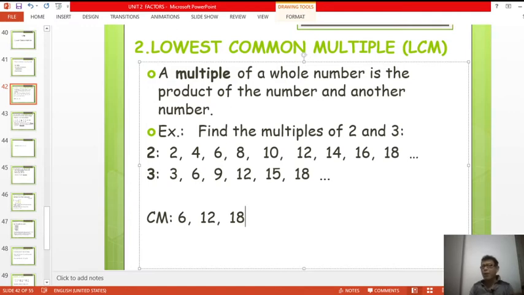Now, what if a problem asks you to find the lowest common multiple? Let me write it down. The first problem is find the multiples of 2 and 3. Then the second problem is find the common multiples of 2 and 3.